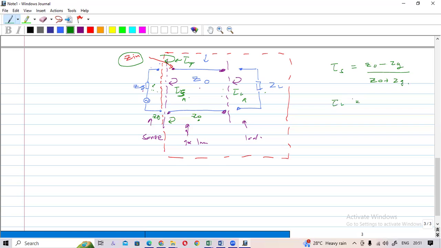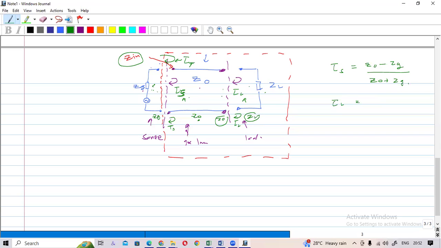So what is the value for tau L? So this is ZL and this is Z naught. So you have to write the reflection coefficient here. That is tau L, and this is tau S. Here this is Z naught and ZL.